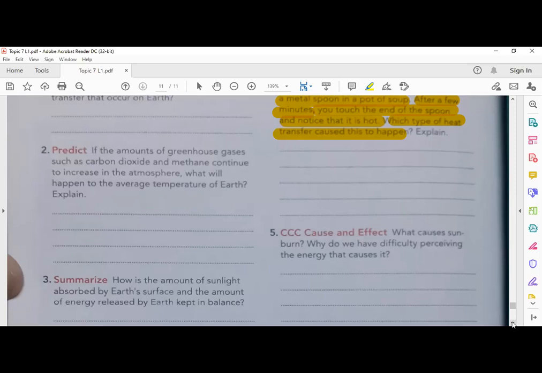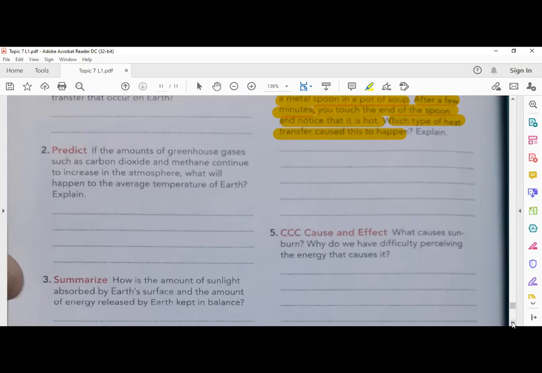Excellent. Sunburn and other health problems are caused by the harmful rays that come from the sun, like ultraviolet radiation.